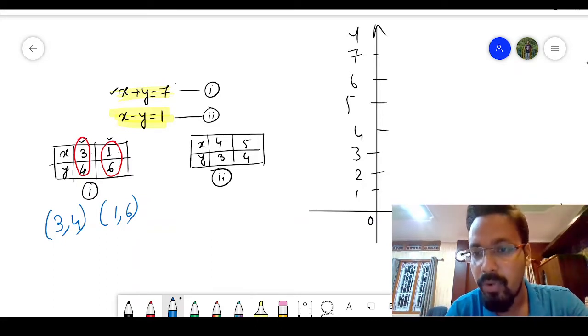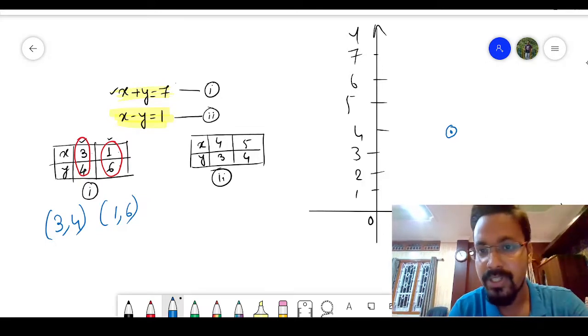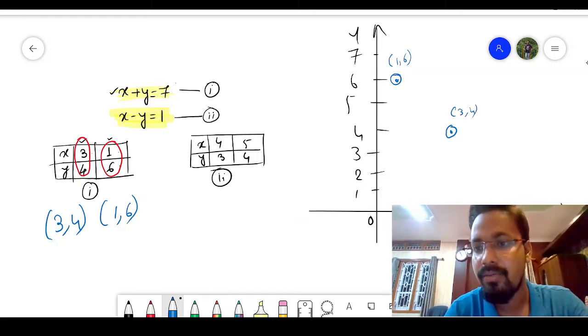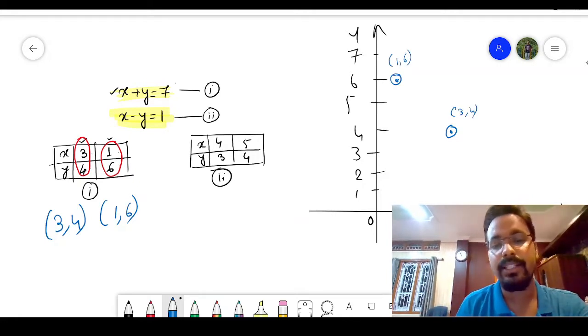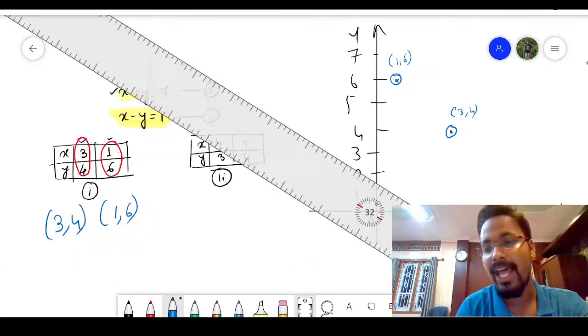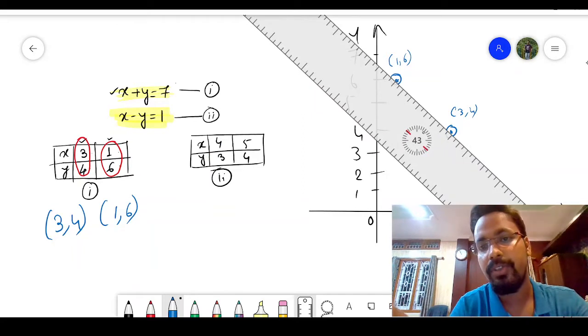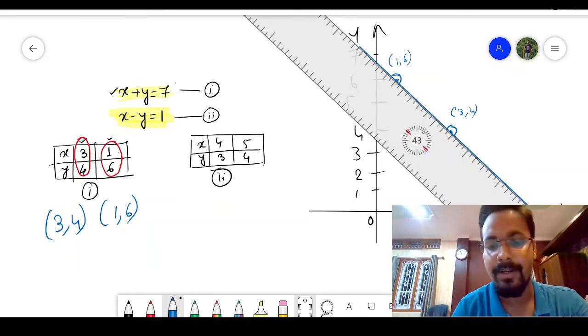So 3 comma 4 is going to be somewhere here, and then 1 comma 6 is going to be somewhere here, right? So this is 1, 6 and this is 3, 4. Now we will connect these two points to get the line for the first equation, the graph of the first equation. So if we connect these two points, we get this line.